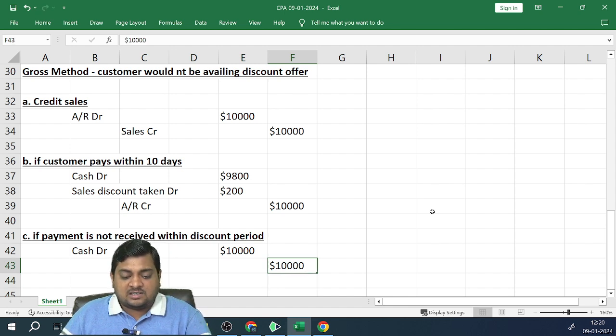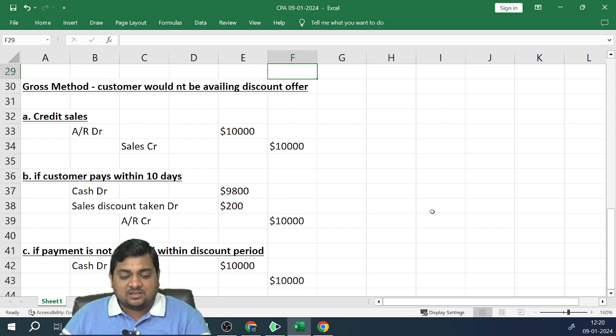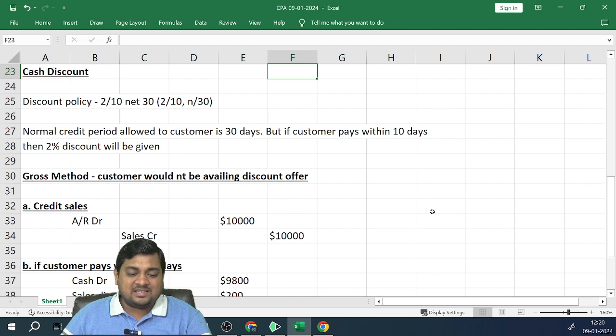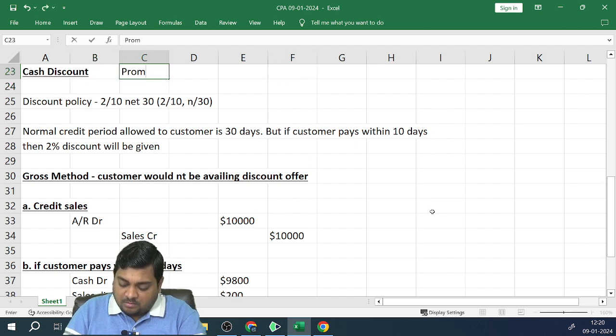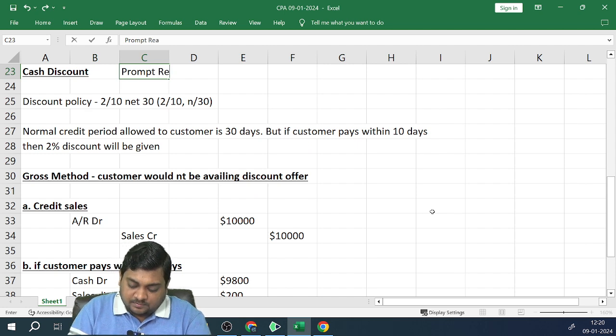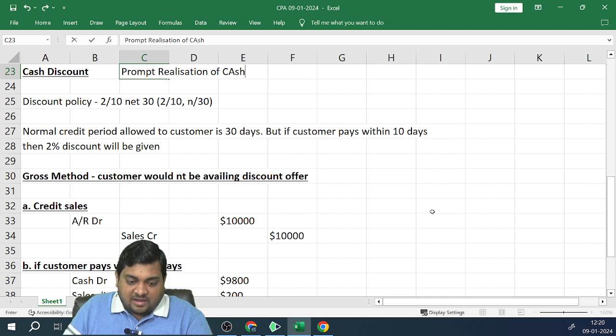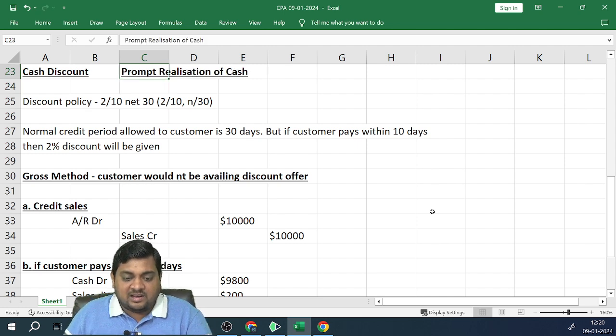Now this discount is given, you can easily see. Many might have a question that these things are very easy, you have done them at plus 2 level, that this is given for prompt realization of cash, right? This type of discount is given so that you can get money as quickly as possible.